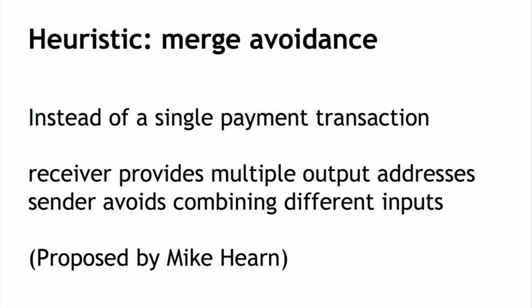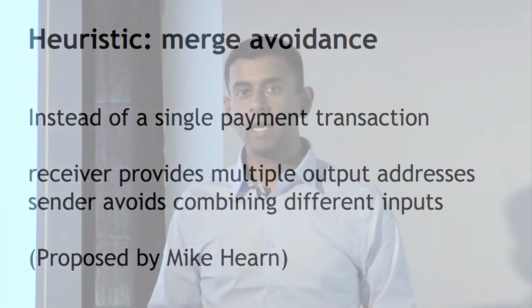When users want to do payments, the proposal is that instead of creating a giant transaction that combines as many inputs as necessary in order to pay the entire payment to a single address, why not have a protocol by which the receiver can provide multiple output addresses, as many as necessary, and the sender and receiver can agree upon denominations, and the sender can avoid combining different inputs and can make a variety of different transactions that send money from different input addresses to different output addresses.